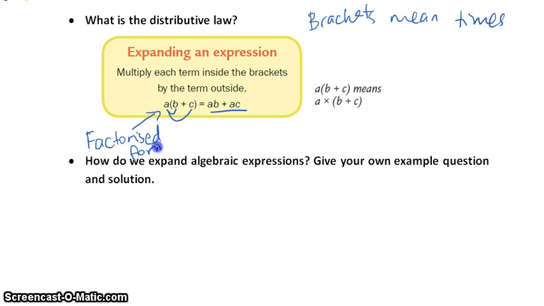And factorized form just means it's written as a product, as a multiplication. And when we expand that, what we're doing is a times b plus c. And we're literally doing a times b, which is ab, plus a times c, which is ac.